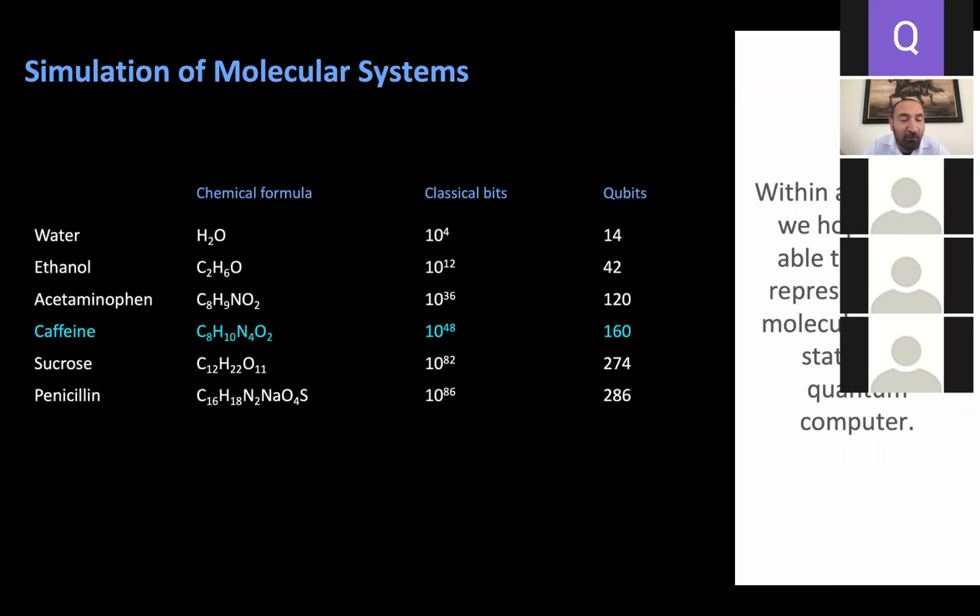So let's look at how many classical bits we need to simulate one of these molecules on a classical computer. For example, for water, we need 10,000 classical bits, which corresponds to 14 qubits. So keep in mind that, as everybody knows in this audience, I'm sure, the computational power of a quantum computer is exponential in the number of qubits.